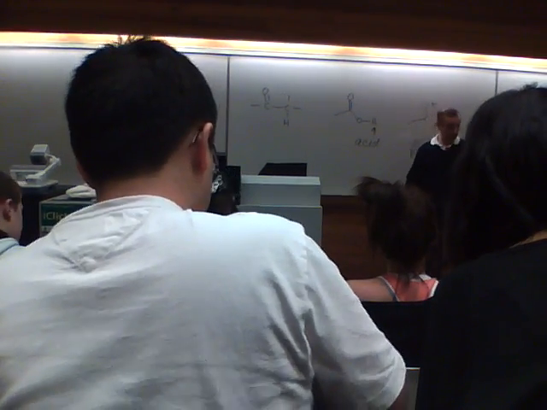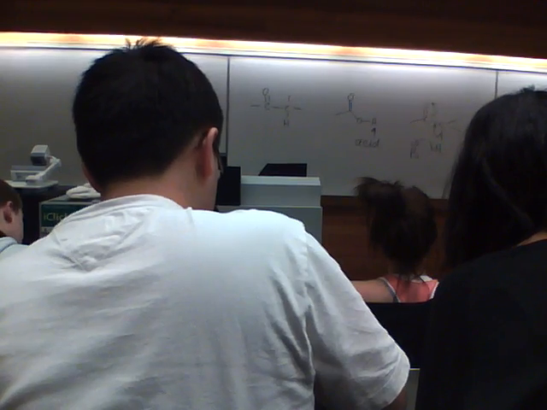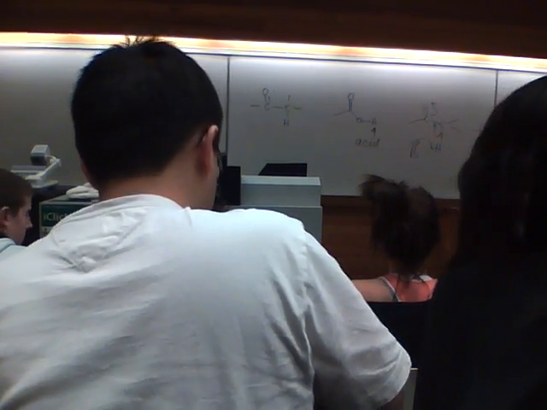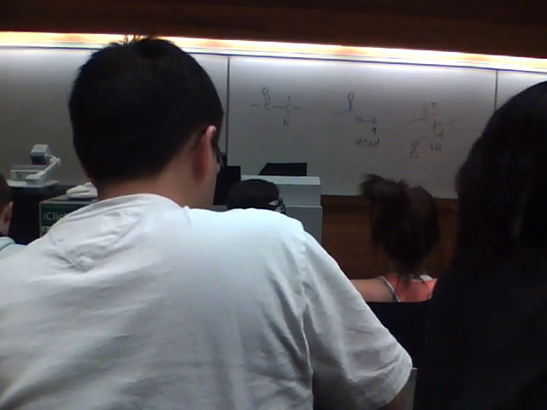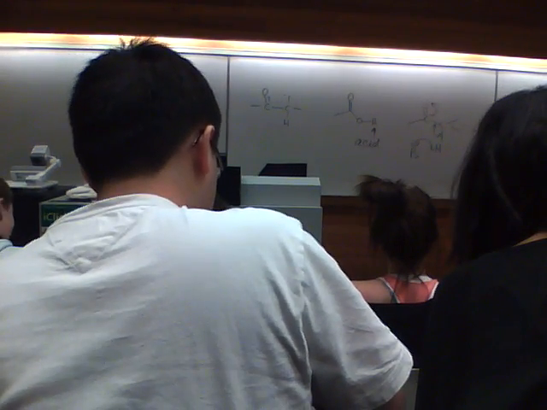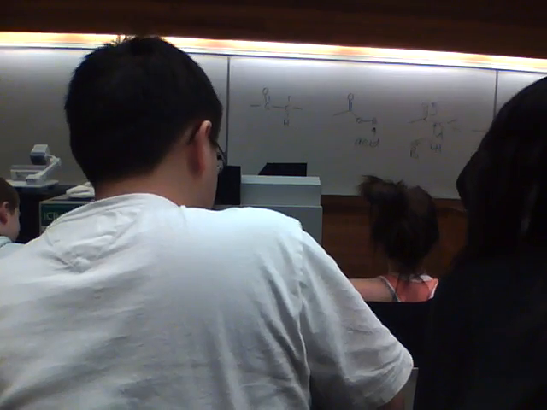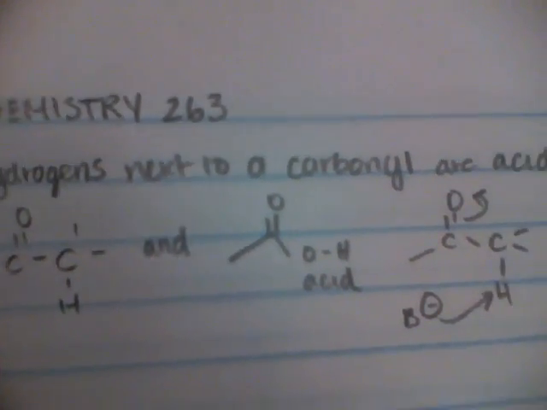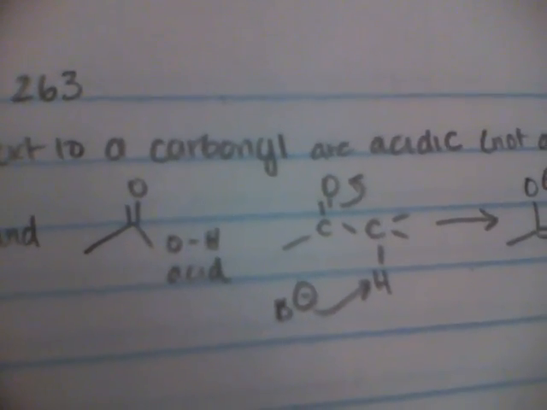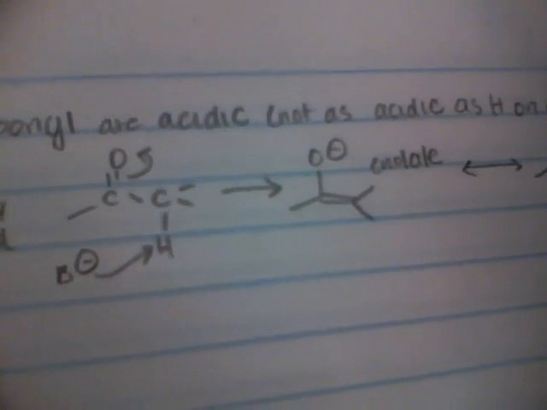Now, this business of forming an enolate, in the way that I told you, allows you to predict that if you treat an enolate with a source of protons, then the proton could be captured here, or it could be captured there.